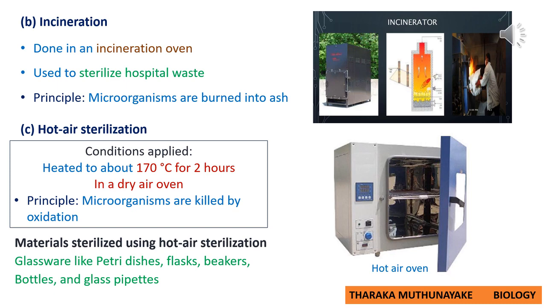Here also we have to cover these glassware because again, when you take these sterilized glassware out of the oven, they can be contaminated if you have not covered them. Therefore, definitely before placing them into the dry air oven, cover those glassware using aluminium foil or paper, or put them into a suitable container.